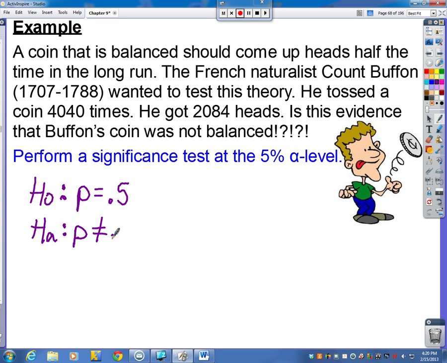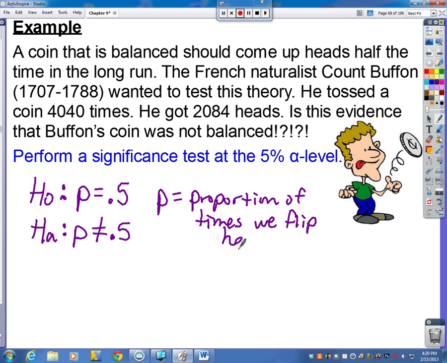So our alternate will just be not equal to 50%. And p is not the probability, but rather the proportion of times we flip heads.